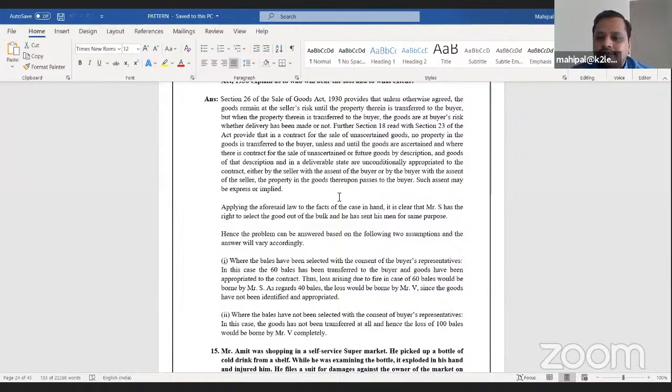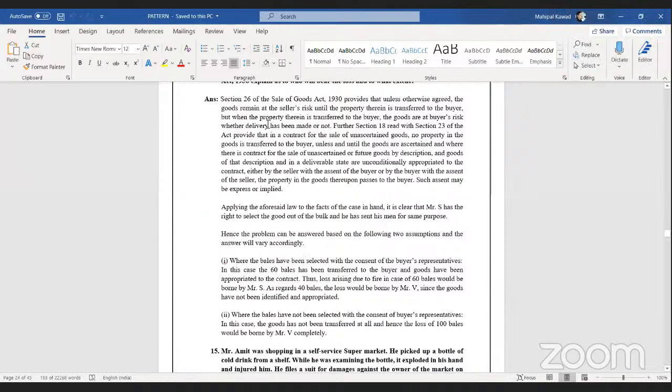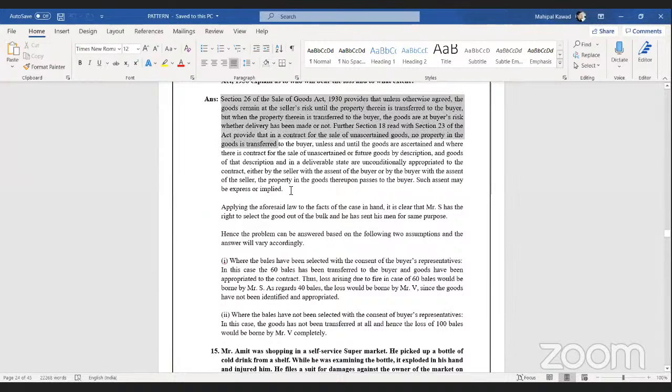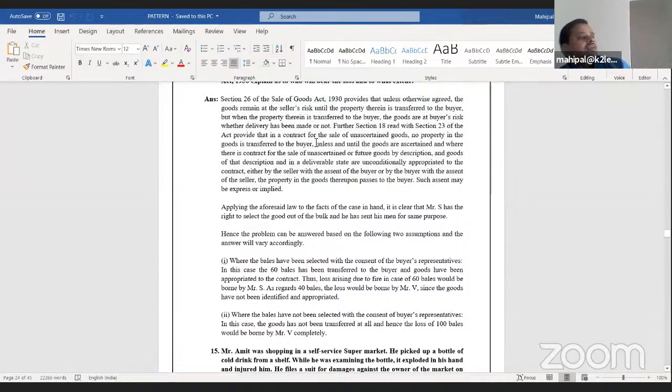Yes, Arul? Sir, can you explain the liability of dead partner's estate for transactions entered before his death? Yes, your deceased partner.